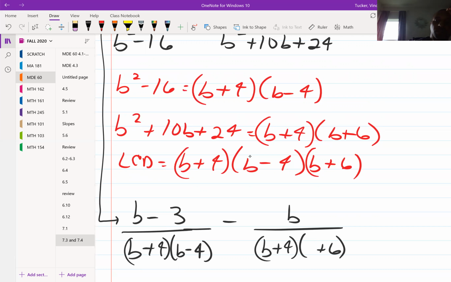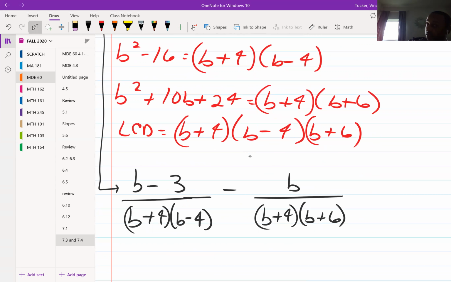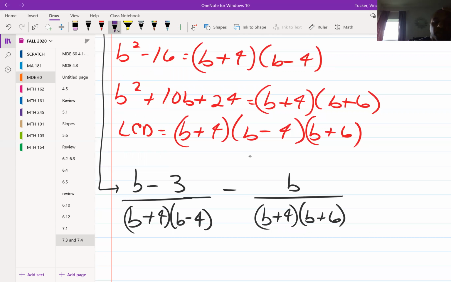All right, so I rewrote the original problem with the factored denominators so we can clearly see what the LCD has and what we do not have in our denominators. When I look at my first denominator, I have (b + 4)(b - 4).